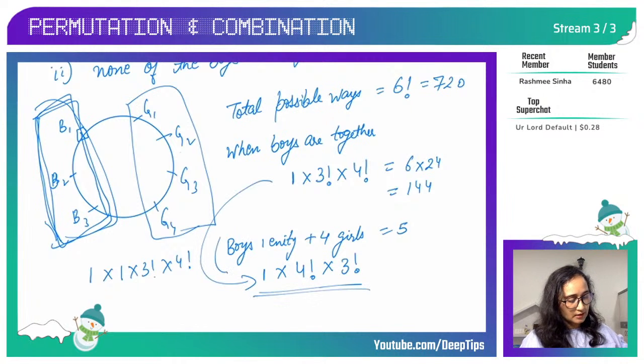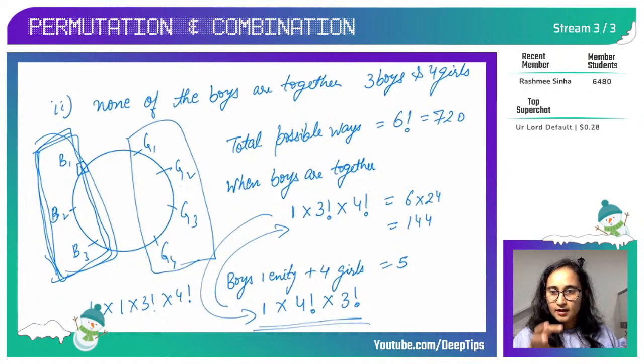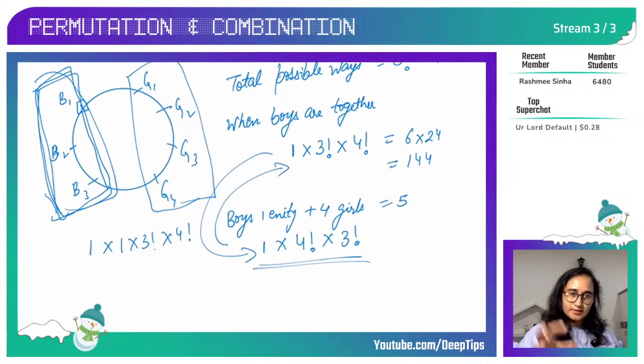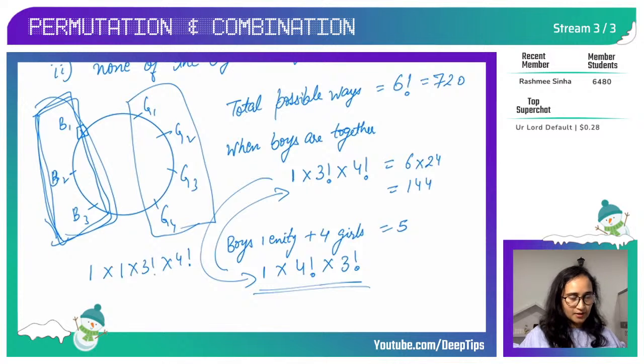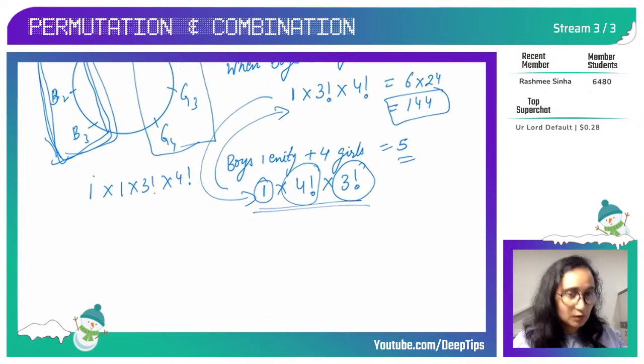So this question can be solved in 2 ways. Either you consider in your mind that boys and girls are separate and boys are sitting together, girls are sitting together, and you solve this, or you take boys as one entity and 4 girls separate, then 1 plus 4 is 5, right? Where you then fix one place for boys and arrange girls in 4 factorial ways, that is n minus 1, 5 minus 1 is 4 factorial, and then arrange boys in 3 factorial ways. So that is 144.